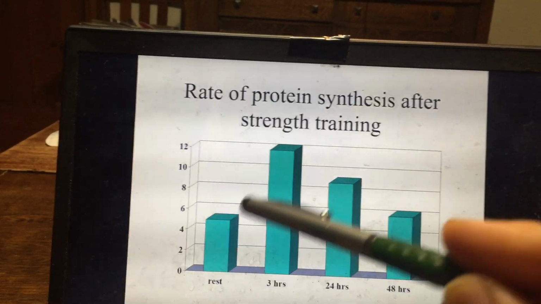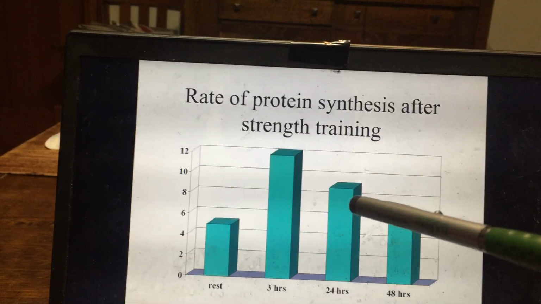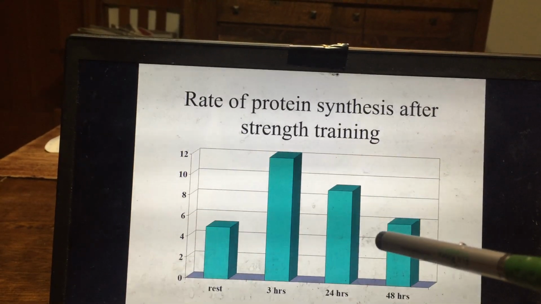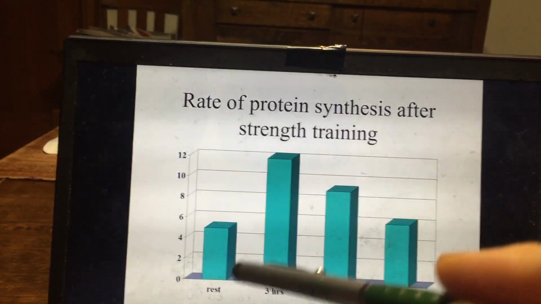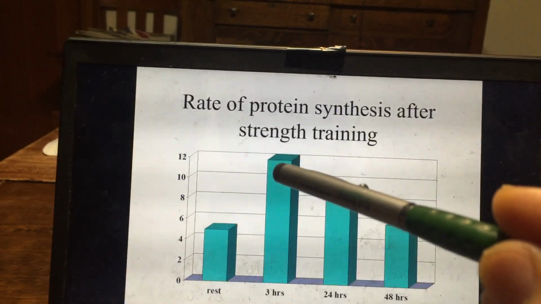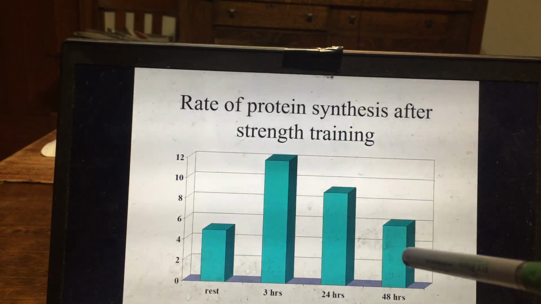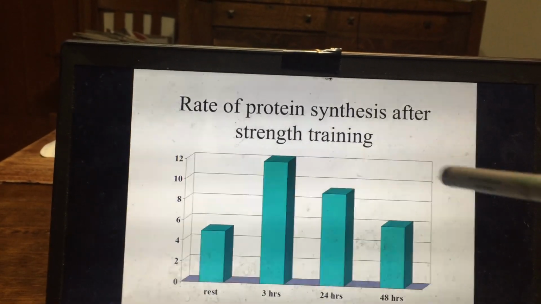You can see that your protein synthesis gets elevated after training, and it really doesn't go back down to baseline until about 48 hours later. So this justifies that frequency of training a muscle group every 48 hours. You get this elevation in protein synthesis with one training session, and then it gradually goes down to baseline by 48 hours. Then you want to hit it again so you get that increase in protein synthesis.